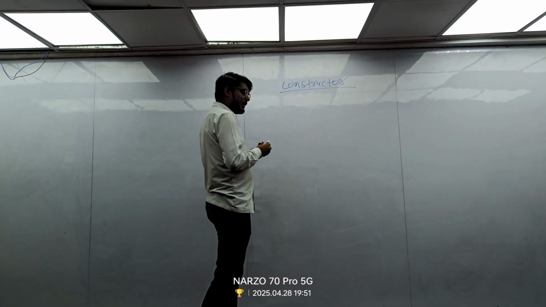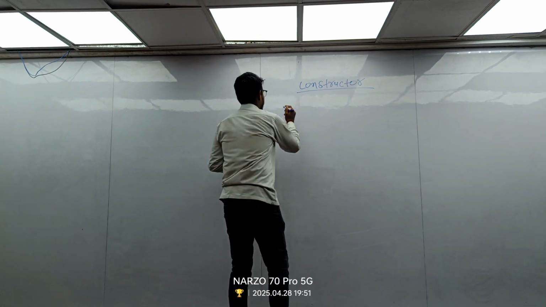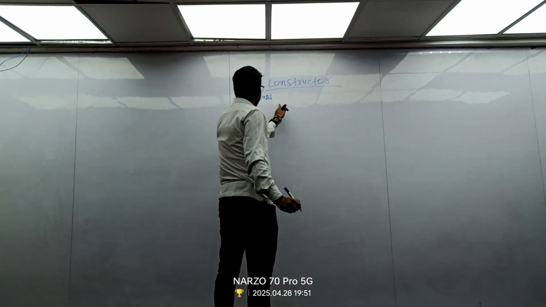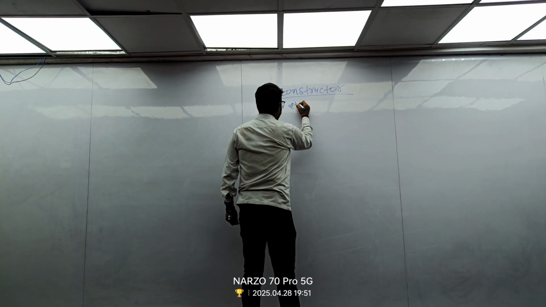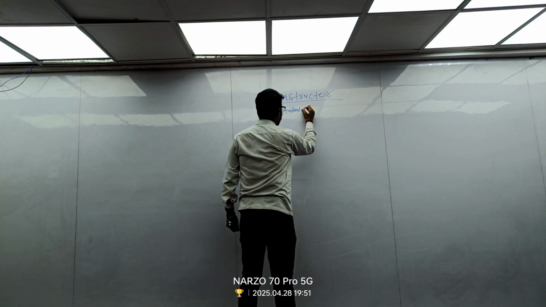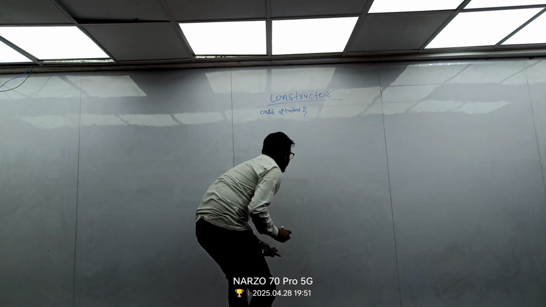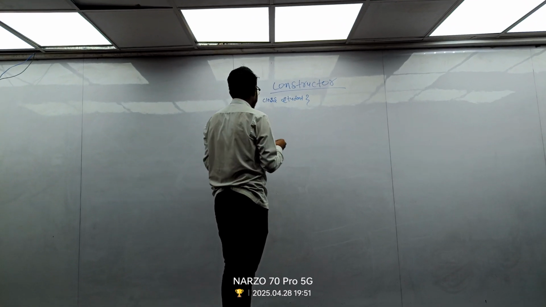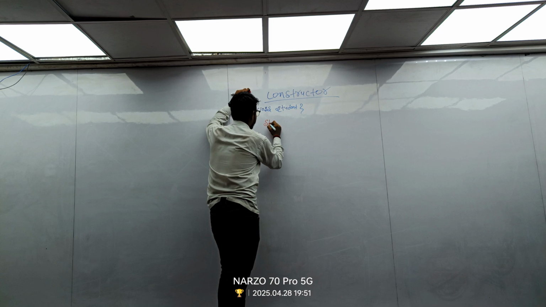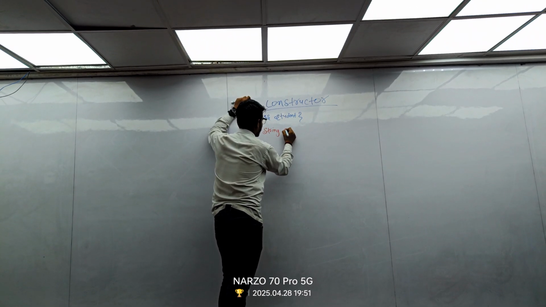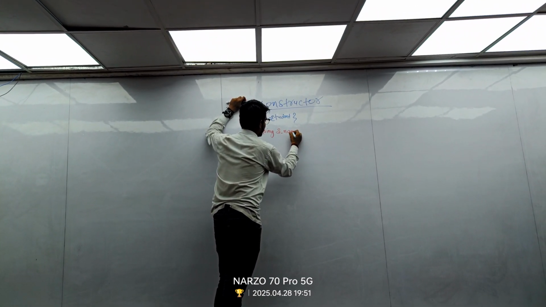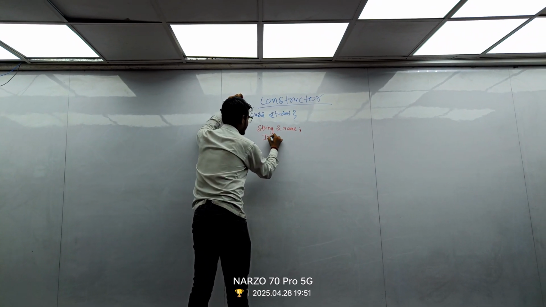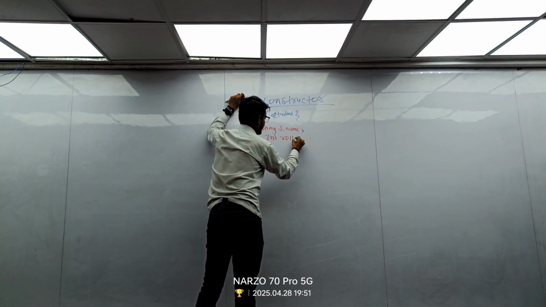Okay, so you have to write a class. First, the class name I will write is Student. In Student, I will write the properties first. The student has a name, String student name, and one more property, int roll number.